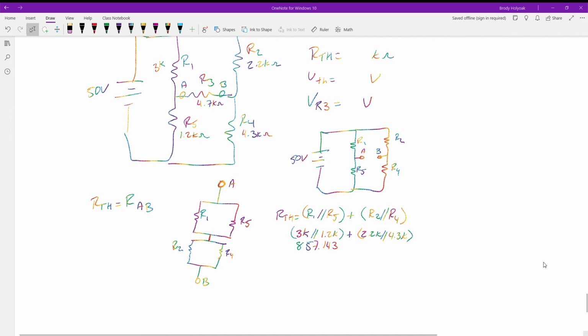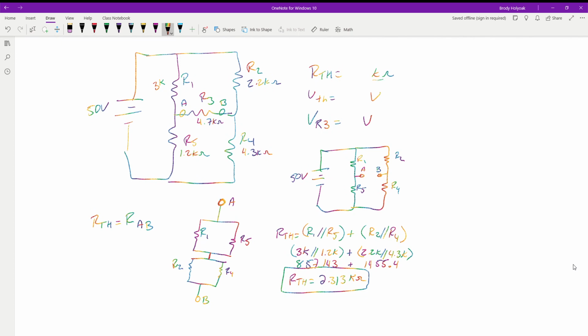And then on the other side, we have the inverse of 2,200 added to the inverse of 4,300. Then we take the inverse of that, and we get 1455.4. We add those together, and we get R Thevenin equal to 2.313 kiloohms, which means our units match up.